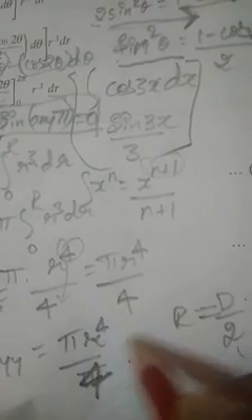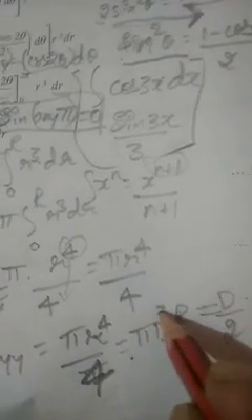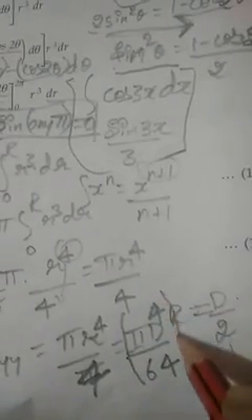If you put d is equal to 2r, so r is equal to d by 2, then in the place of r you write d by 2, and finally you will get pi d to the power of 4 divided by 64. This is the formula you have to remember.